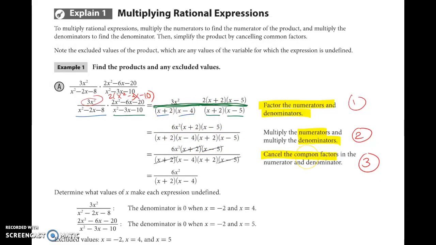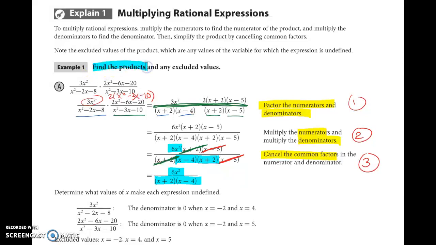Now let's cancel out those common factors. I have an x plus 2 and an x plus 2, one on top and one on bottom, those reduce to 1. x minus 5, x minus 5. And now what's left? 6x squared is what's left on top, and an x minus 4, x plus 2 is what's left on bottom.